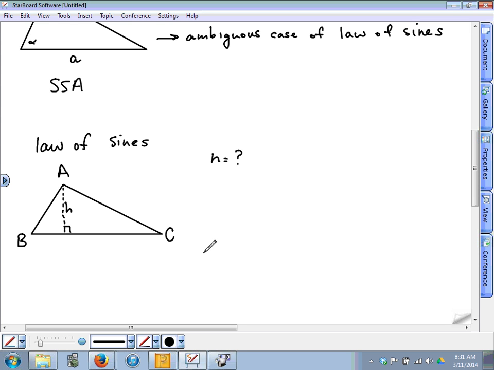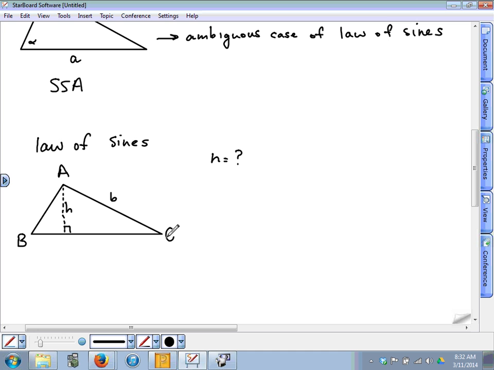What does H equal to? Well, let's label this further. I think we talked about this last time. If this is angle B, then where's side B? So this is little b over here.